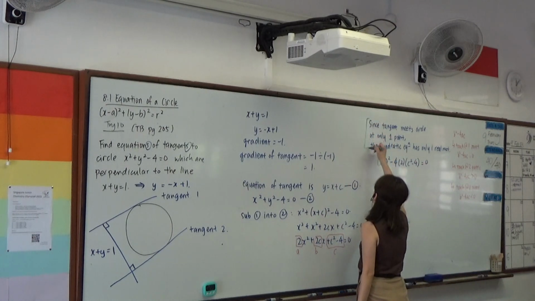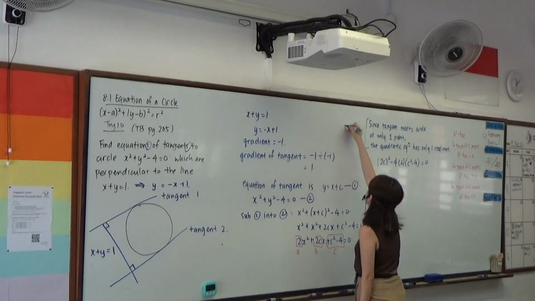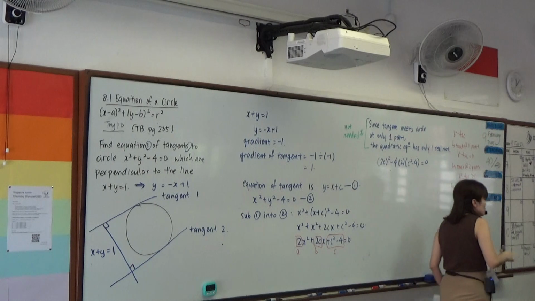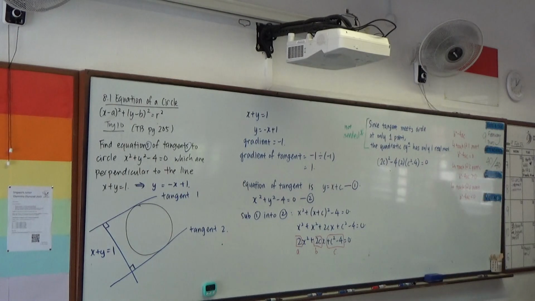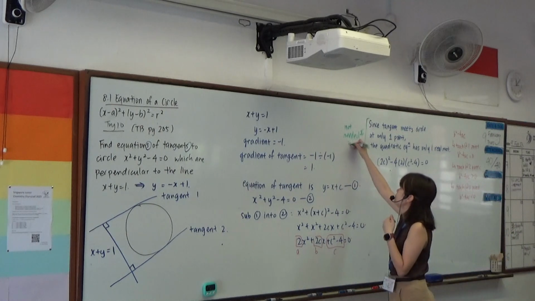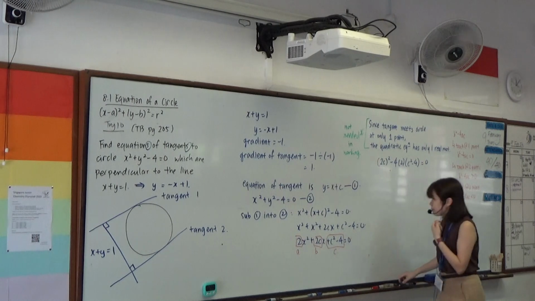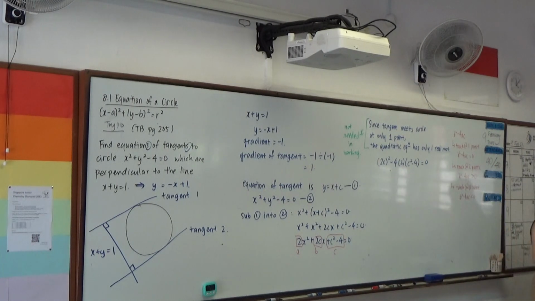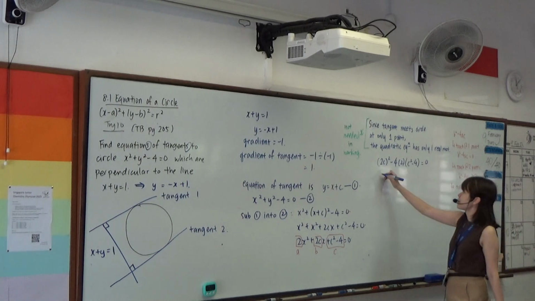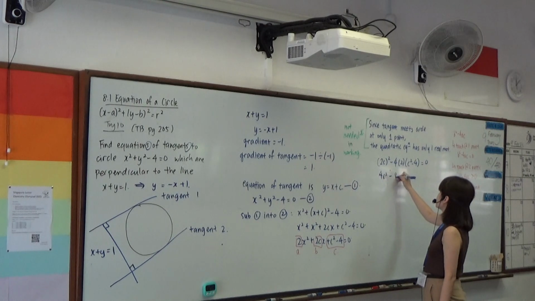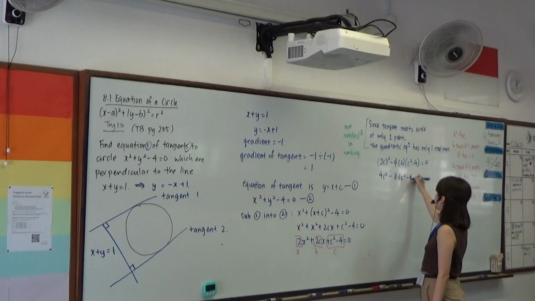This statement here is not necessary in your working. I'm just writing it here for your note-taking purposes. So it's not needed in working, unless the question asks you to explain. So then we solve this. 4c squared minus 8c squared minus 4.